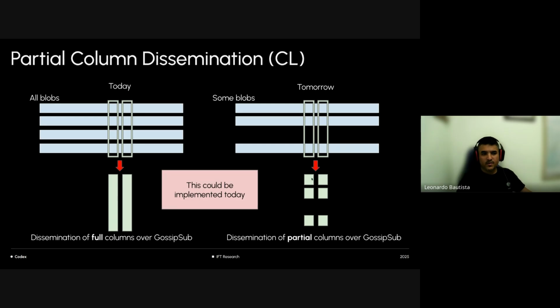And even if we want to move forward faster, we could also try to implement batch columns, or send the cells in batches over the gossipsub network. And that could be something that we could start testing today. Even if it's not in the specification, we could already start implementing this as an optional feature in the clients in order to run experiments in testnets and devnets.